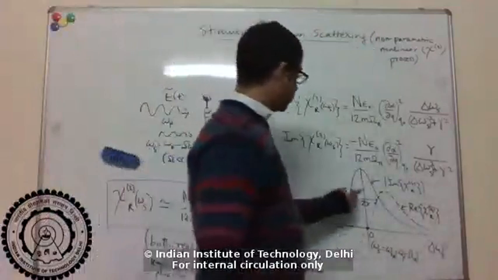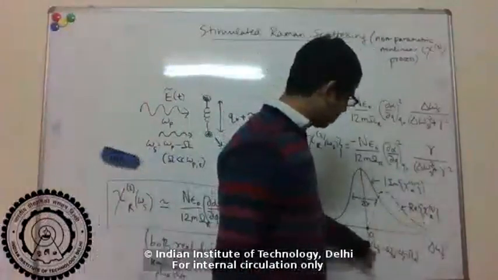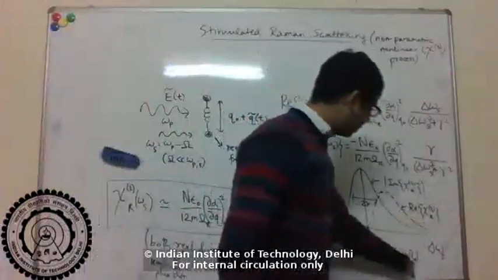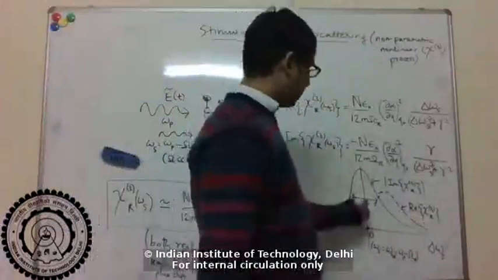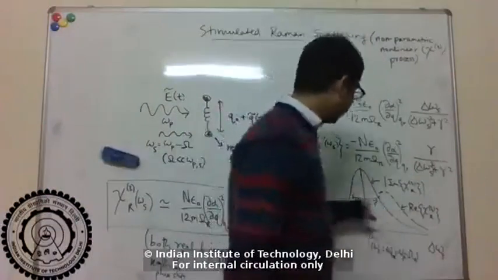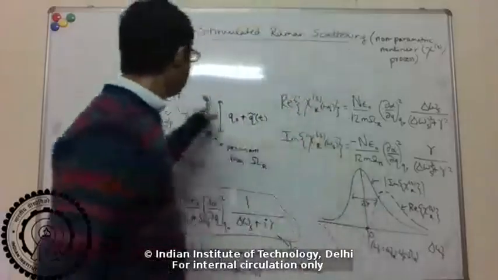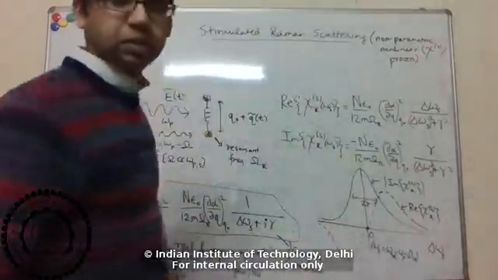So you can see basically that there's a Raman resonance here at a frequency, the Stokes frequency, which is Raman shifted, downshifted from the pump, right? And the Raman line width is given by this gamma, which was basically the damping constant of this vibration.